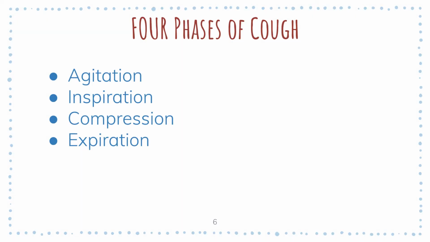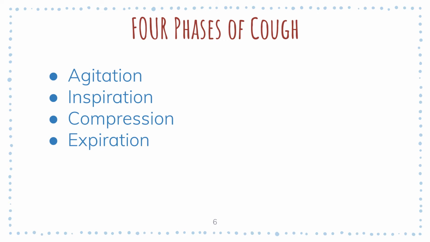4 phases of cough, and Wilkins actually says 3 because they don't really start with the agitation, they start with the inspiration part. So obviously there does have to be some type of agitation, which we talked about, that's going to stimulate you to cough. Okay, so there's some type of stimulus that occurs, and then you have these phases of cough.